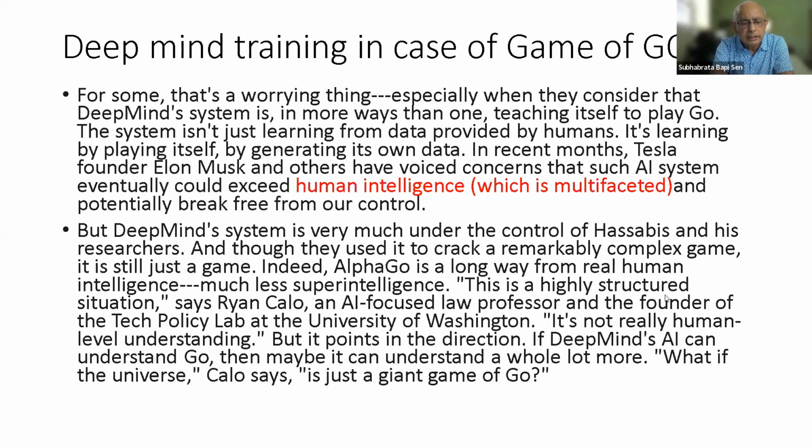It's not really a level of understanding, but it points in the direction of DeepMind's AI understanding Go. Then maybe it's understood a whole lot more than the universe, Calo said. It's just a giant game of Go. So this is the embedded bias.